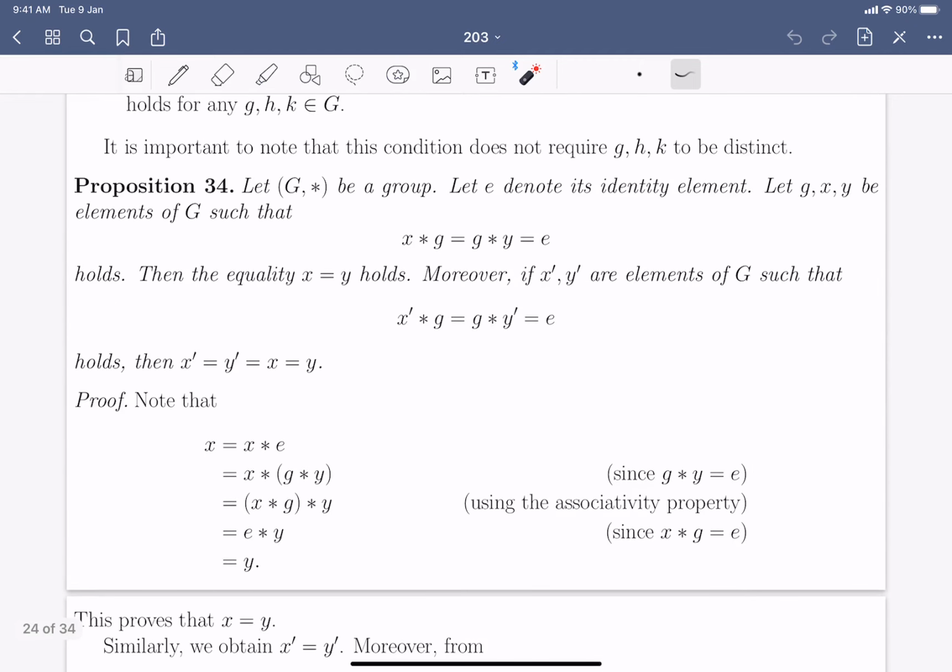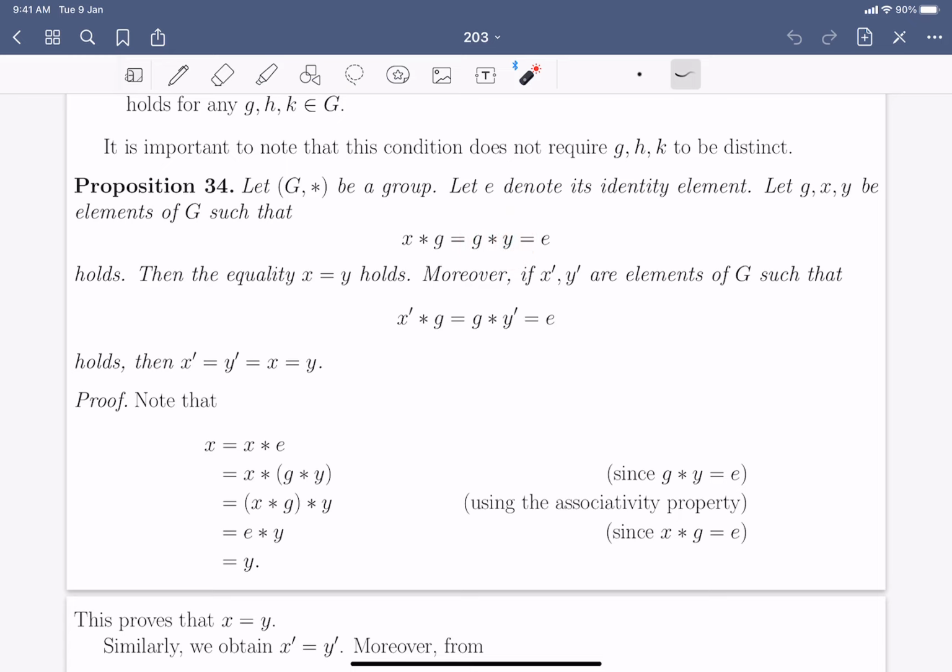Then we move on to the notion of inverse. This is a notion that we did not introduce before proposition 34, but from some of the prior examples that you have worked out, it suggests that we may wish to call the elements x and y the inverses of g. We can call x the left inverse of g and y the right inverse of g.